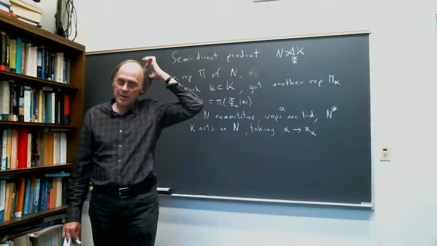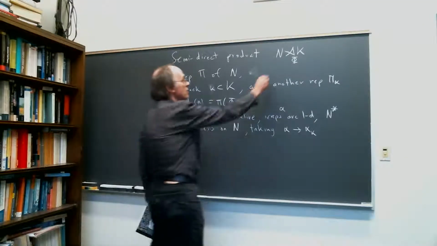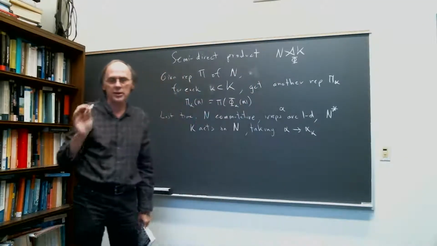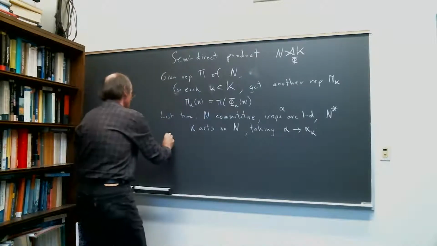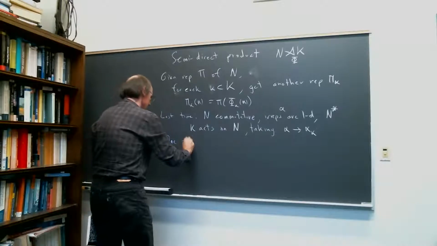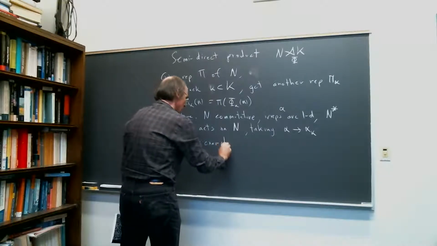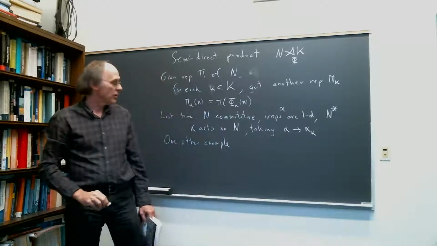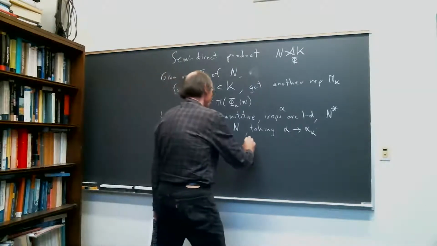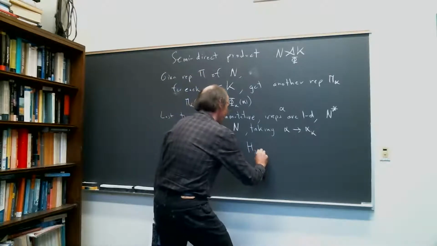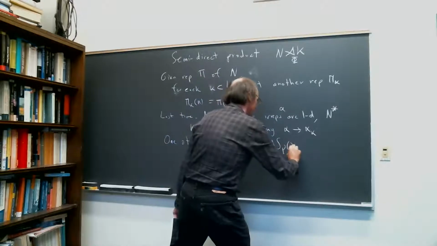Now, if n is not commutative, there's very little you can say. There are things you can say in general, but it gets a lot tougher. But there's one other example which I want to talk about, which is this example that we've been developing, where n is the Heisenberg group and K is the symplectic group.